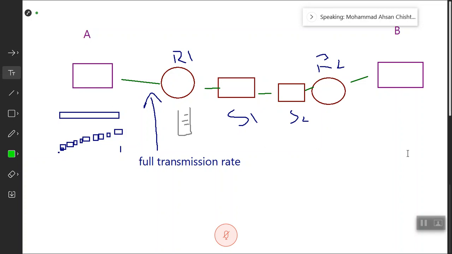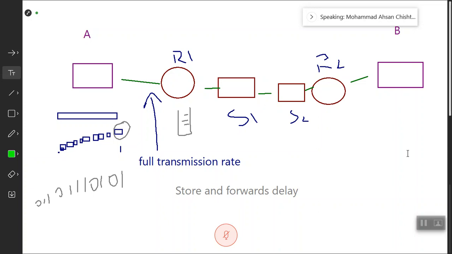Store and forward means that if you've started sending packet number 1 to R1, and if you actually see what this packet is, it would be a long stream of zeros and ones.